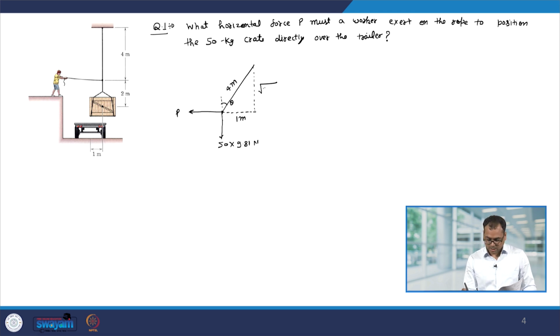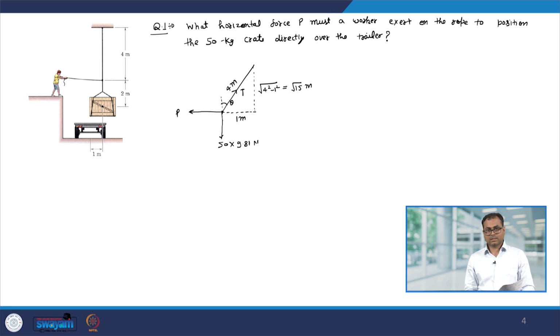Therefore, this arm will be square root of 4 squared minus 1 squared, equal to square root 15 meter. The tension force on the rope is going to act in the opposite direction of the weight. So, this will be the direction of T, and this is the free body diagram.